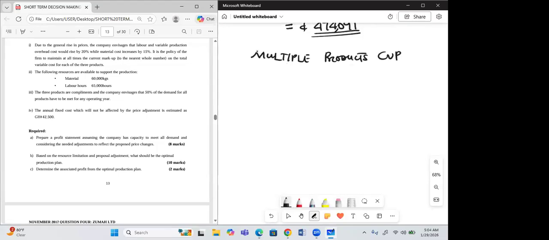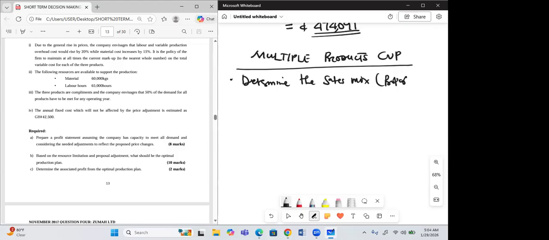The multiple product CVP. Now, when there are multiple products, this is what you must first do. You must first determine the sales mix. Whenever there are several products, you first determine the sales mix. The sales mix is the proportion in which the goods are sold. Then once you do that, you calculate contribution per unit for all.